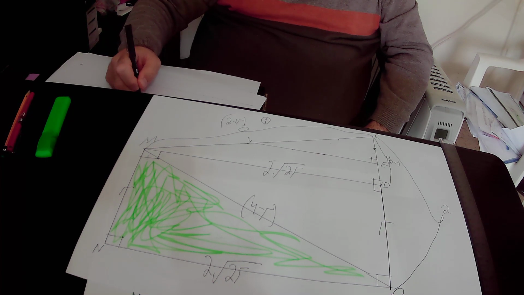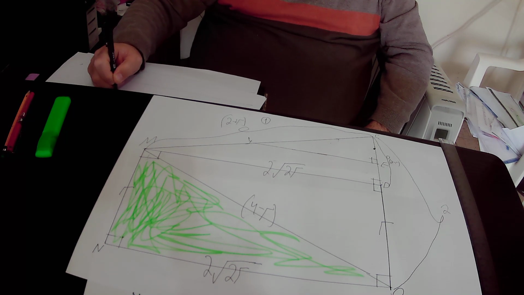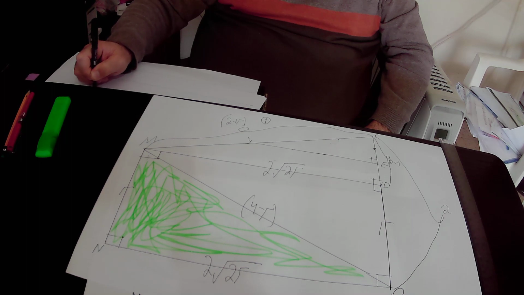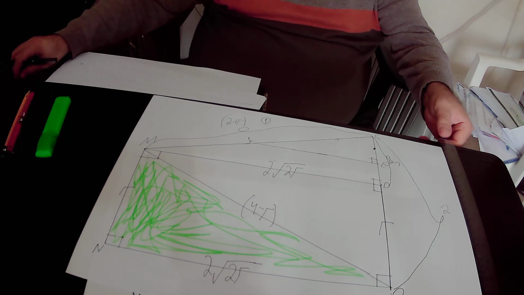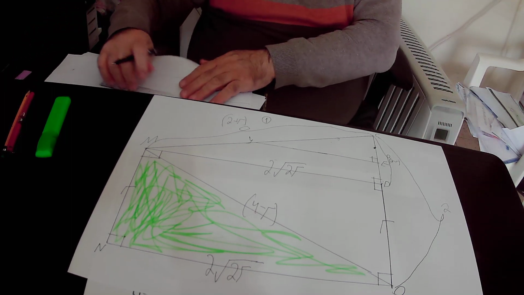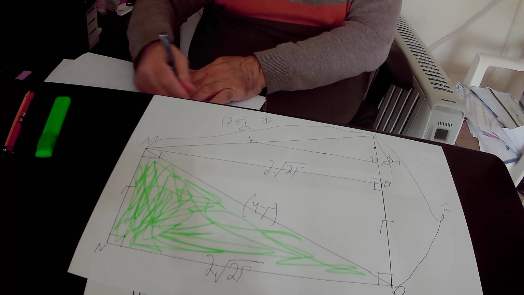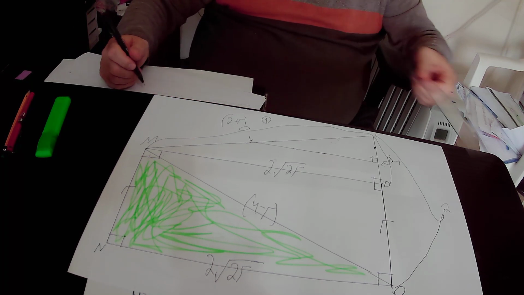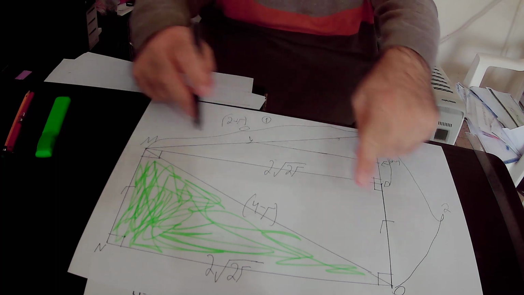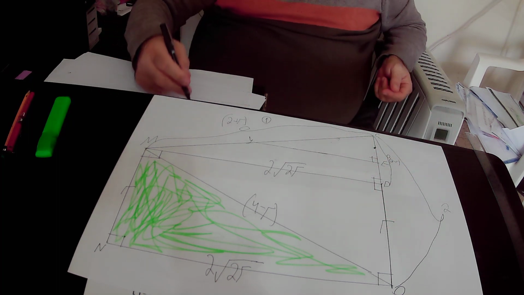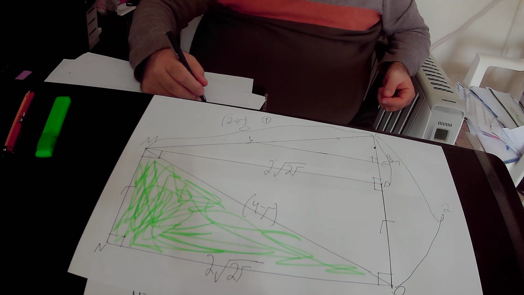According to the Pythagoras theorem, the square of the hypotenuse equals the sum of the squares of the perpendiculars. That is to say, the hypotenuse in the green triangle is OM, so the square of the hypotenuse is OM squared.